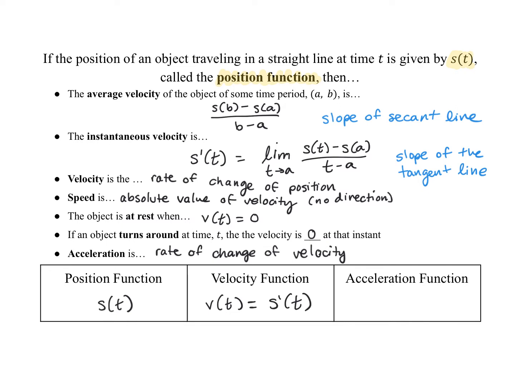And then our acceleration function, which we can call a of t, well, it's the rate of change of velocity, so it's v prime of t. And since velocity is the derivative of position, it actually makes acceleration the second derivative of our position function. So it goes position to velocity to acceleration.